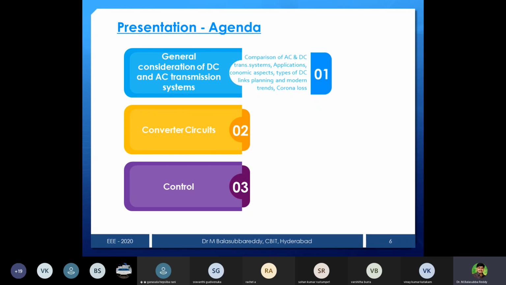We have to take the net metering concept there, and we have to feed power at the particular point where the power plant is installed. There we have to install one transformer. The line has to be taken at 11 kV, but if it is a big power plant, you have to take it as a 33 kV line. To the nearest 33 kV line, you have to transmit your power and feed it there.